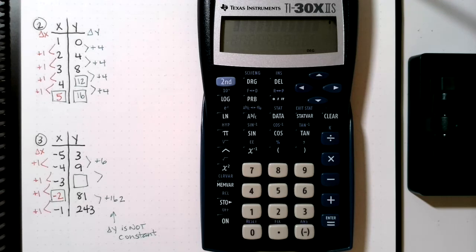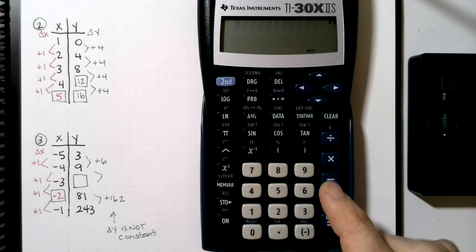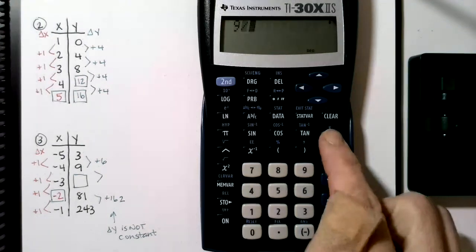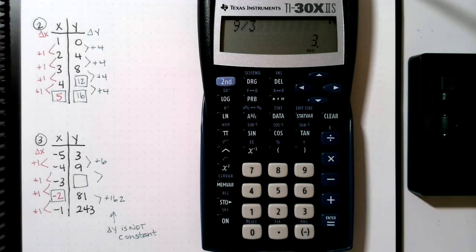If you don't immediately see if there is a multiplier, you can always divide consecutive y values. So for example, you could do 9 divided by 3 and see that that is 3, and then take 243 and divide by 81, and you will see that you also get 3.